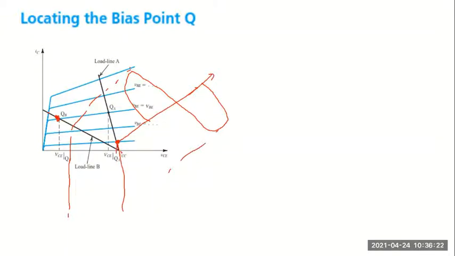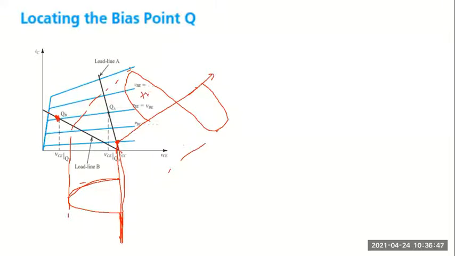So only till where you have the DC load line, only till that point you have the signal amplification, and after that the negative peaks in the input signal will get clipped. You see this portion is not carried by the transistor, or it won't be amplified by the transistor.